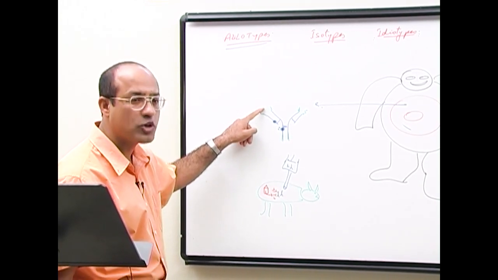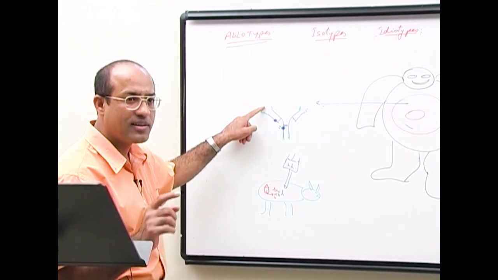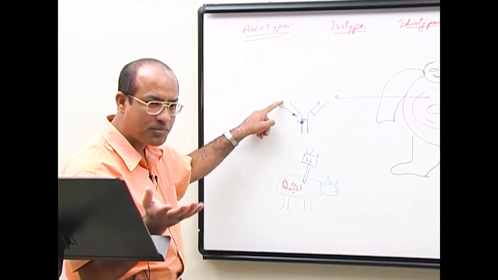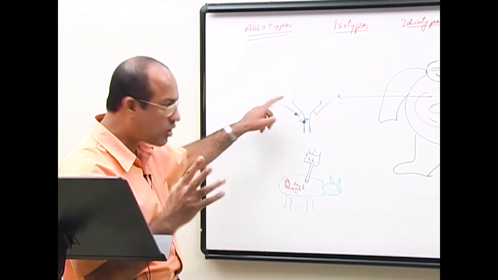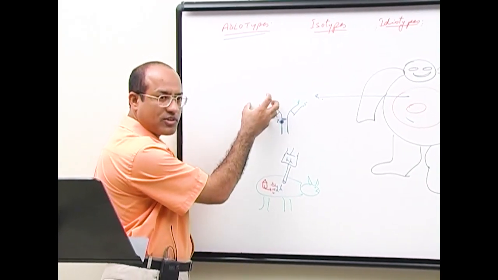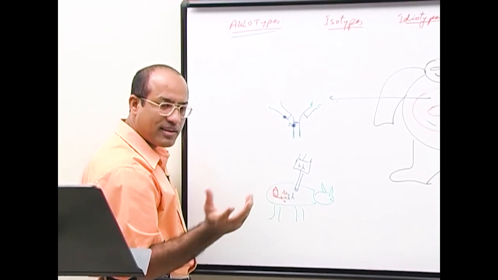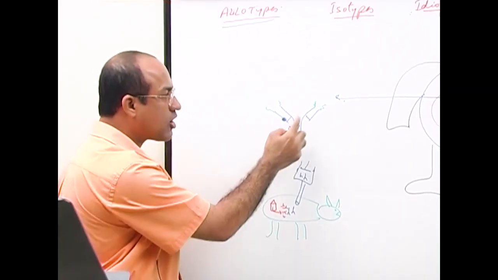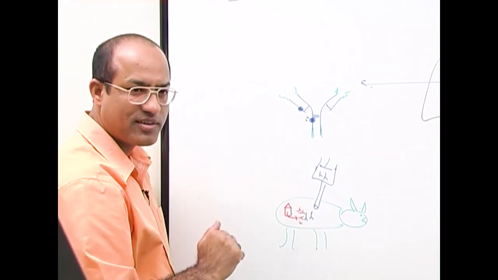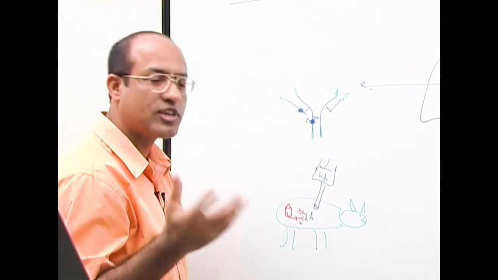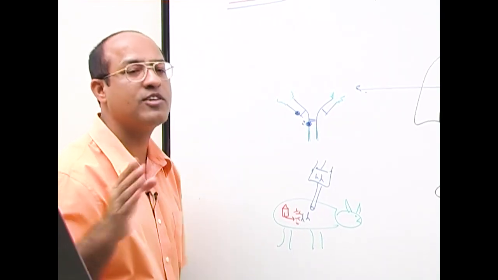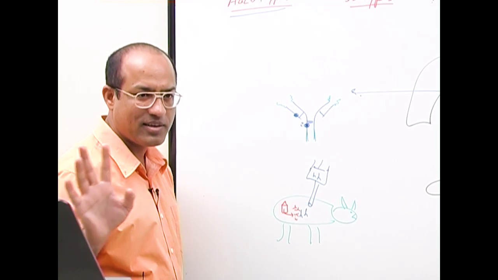So what is idiotyping? Idiotyping is the typing of antibodies according to their variable regions. Isotyping is the typing of antibodies according to the constant region of the heavy chain. Allotyping is the typing of antibodies from person to person, right?